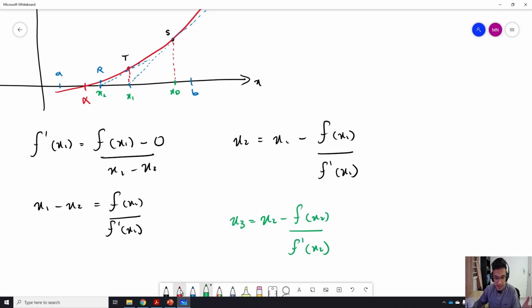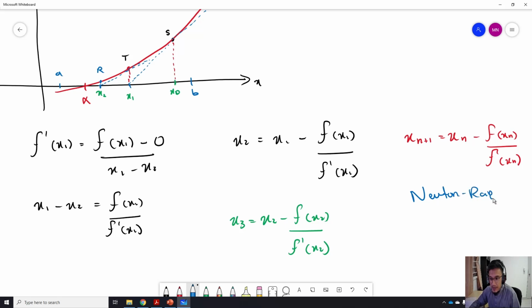It can be generalized here that the formula to find the approximation of alpha can be written as x(n+1) equals x(n) minus f(x(n)) over f prime (x(n)). So this is what we call the Newton-Raphson formula.